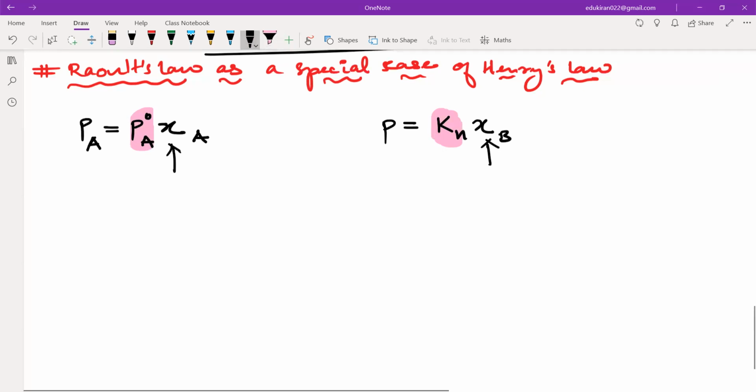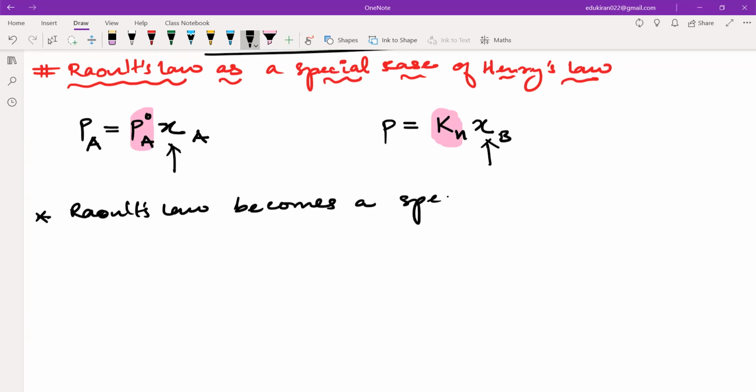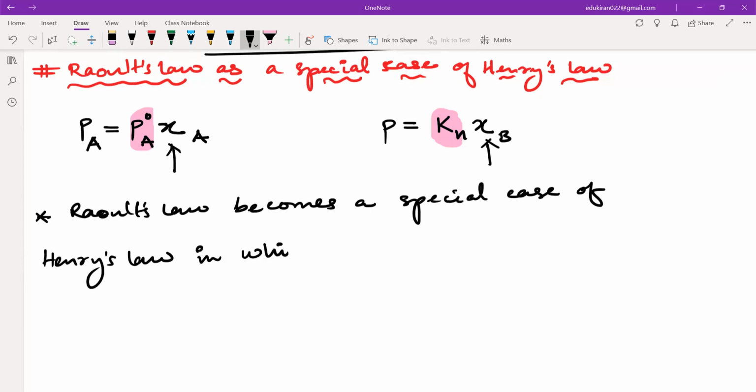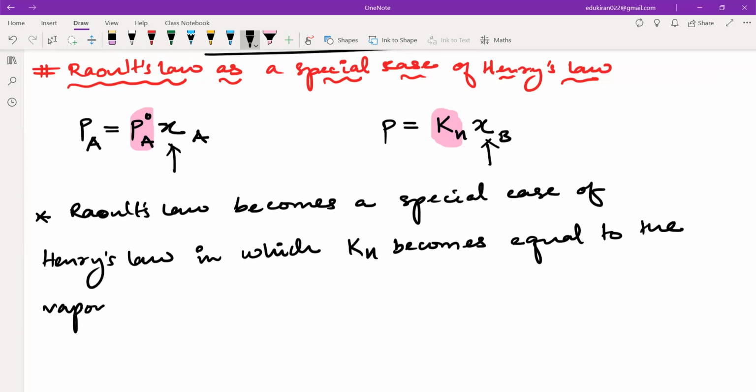Now, in this case, what can we write? Raoult's law becomes a special case of Henry's law in which KH becomes equal to the vapor pressure of the pure component.